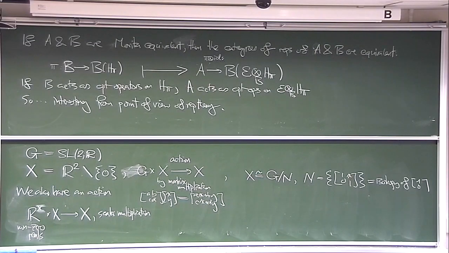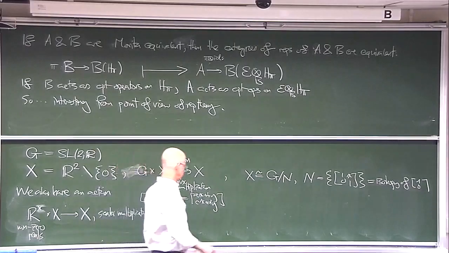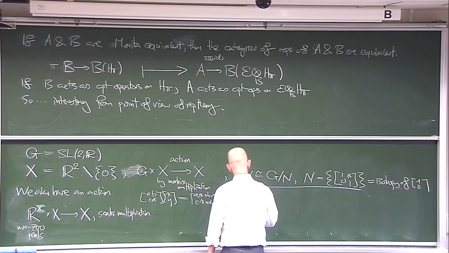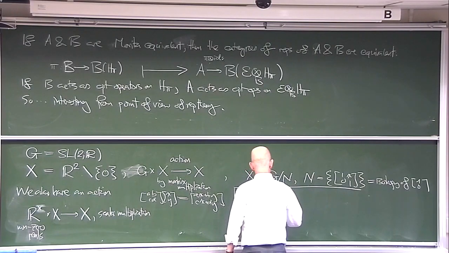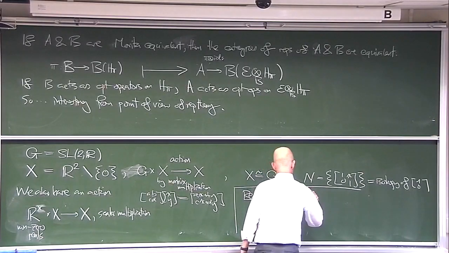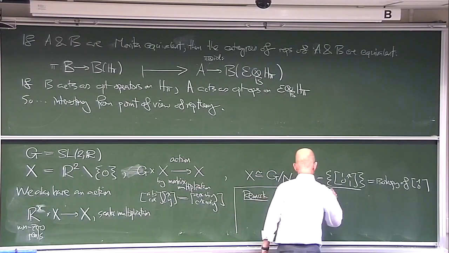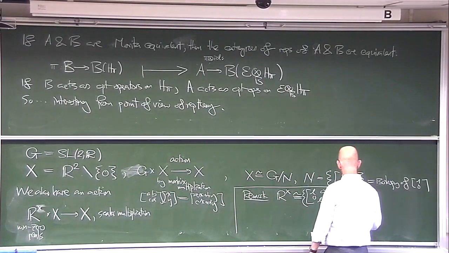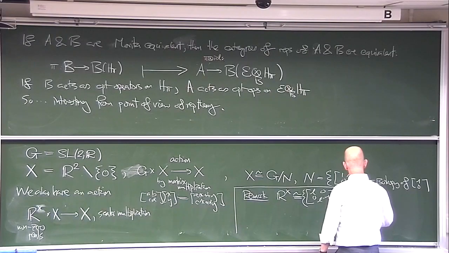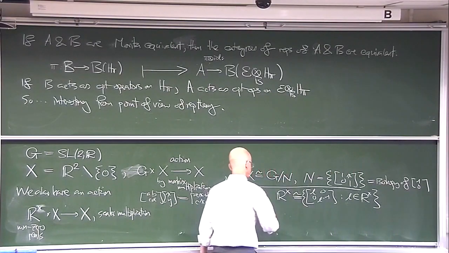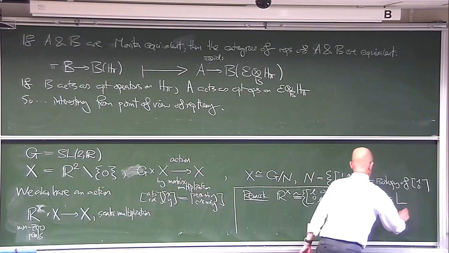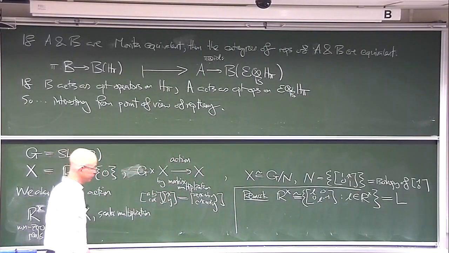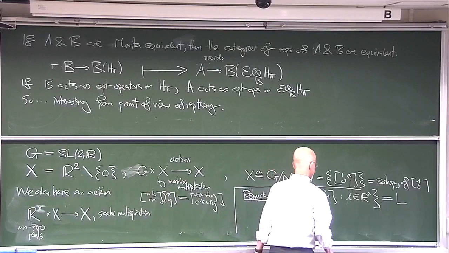These two actions commute with one another. And this is part of a general story. If I have a non-zero number, I can make it into a determinant 1 matrix in the obvious way. Let's call this group L. It's what in reductive groups is called a Levi factor, and N is called a unipotent subgroup, the standard unipotent subgroup.